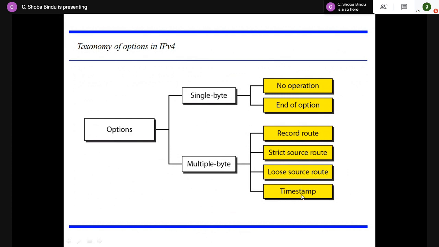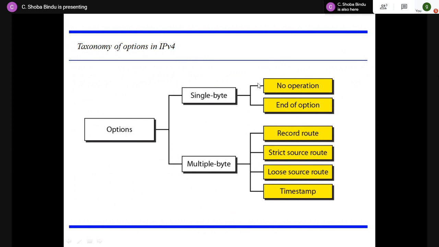The last option is the timestamp option, which is the same as record route, except that in record route you only place the IP addresses of the nodes reached during transmission to the destination. In the timestamp option, apart from the IP address of the node, the time at which it reached that node is also recorded. So these are the various options we have in IP version 4.